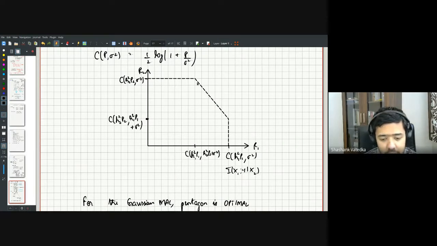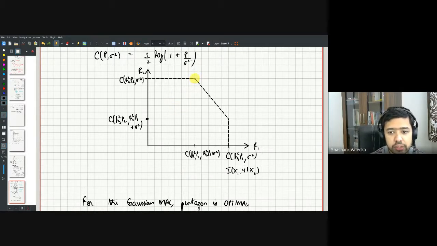For a general MAC, for a general discrete memoryless multiple access channel, the pentagon is not really the optimal rate region. It's going to look a little more curved. Right, and we'll shortly see another example where maybe that is not the case. But at least for the Gaussian MAC, this is the capacity region. All right.